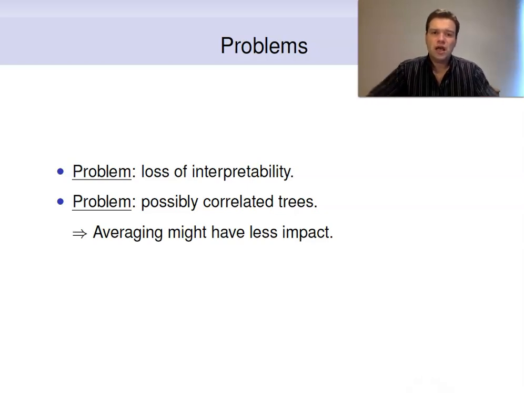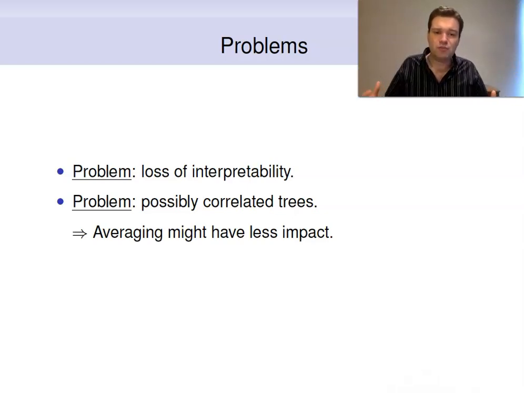They appear very high in the trees. They are very important splitting variables. Therefore, they appear in most of the trees coming from the Bootstrap samples.